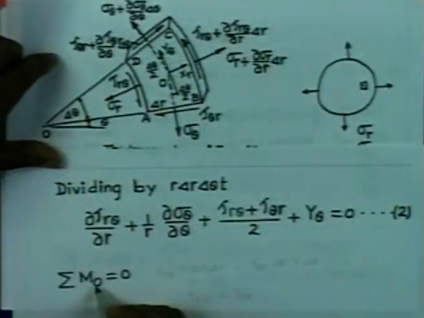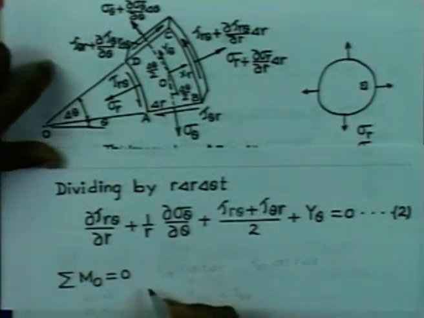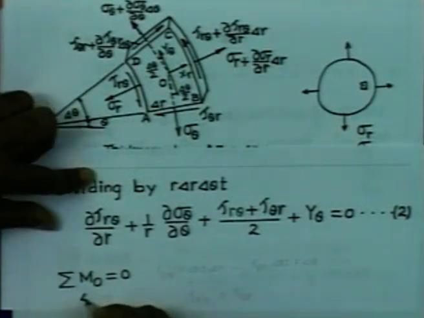Now, we consider the moment equilibrium equation. For that we again get back to our configuration. We take the moment about the point O equal to 0, and we have the picture that delta r is very small, so also delta theta is very small.